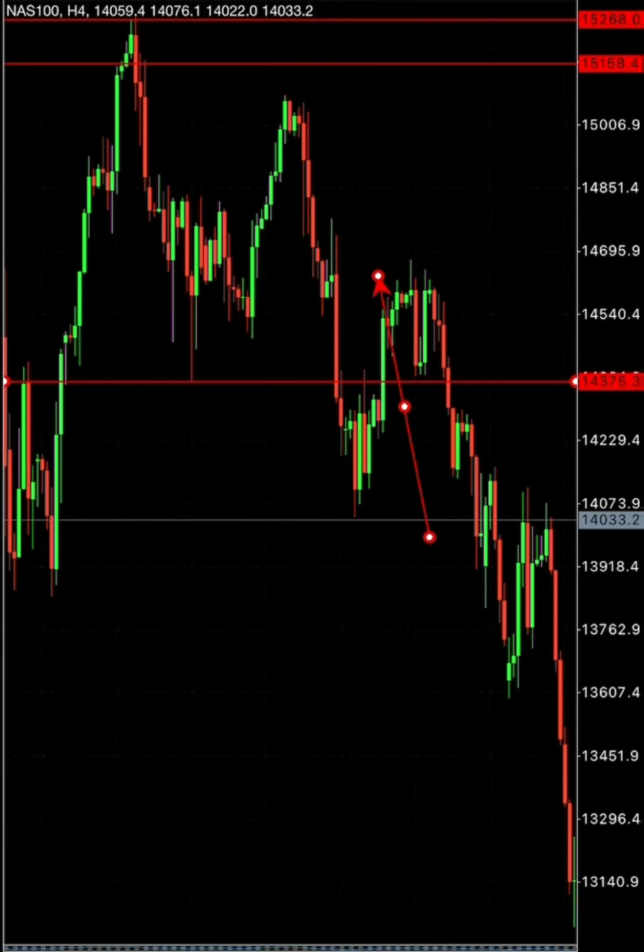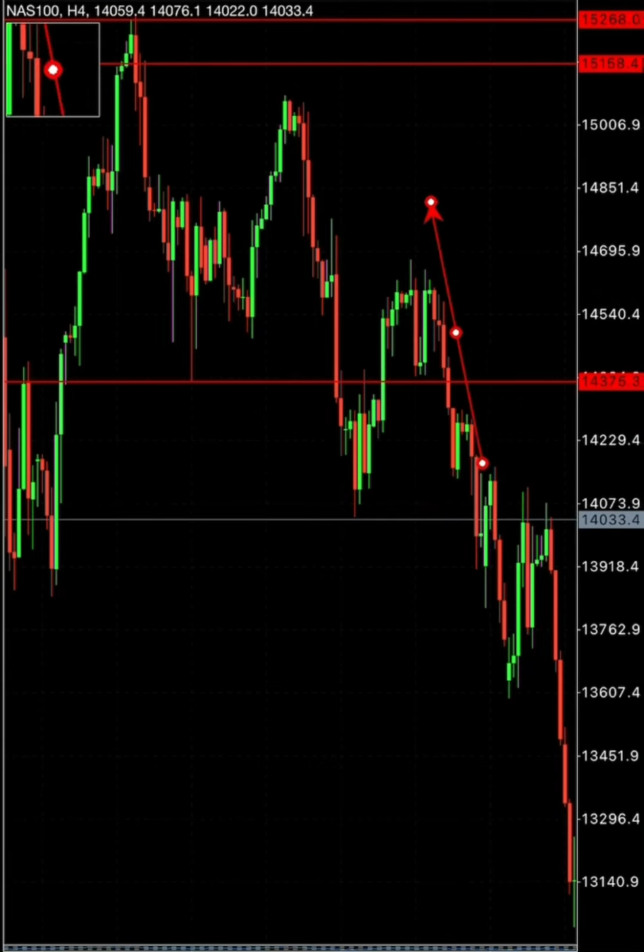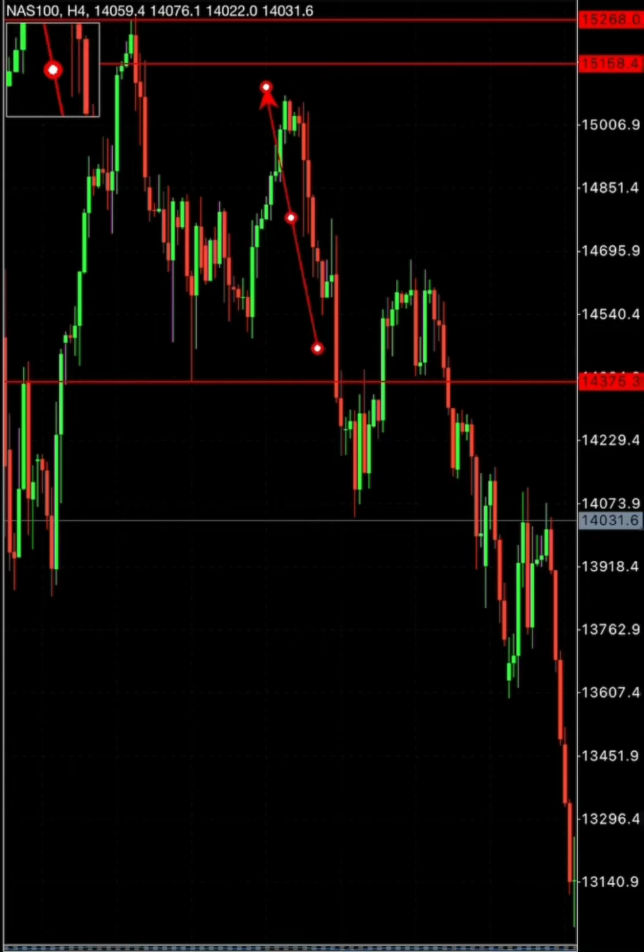So what you are looking for is some sort of sell confirmation, some sort of price rejection from here or here within this area. Then your stop loss will be just above the second top.